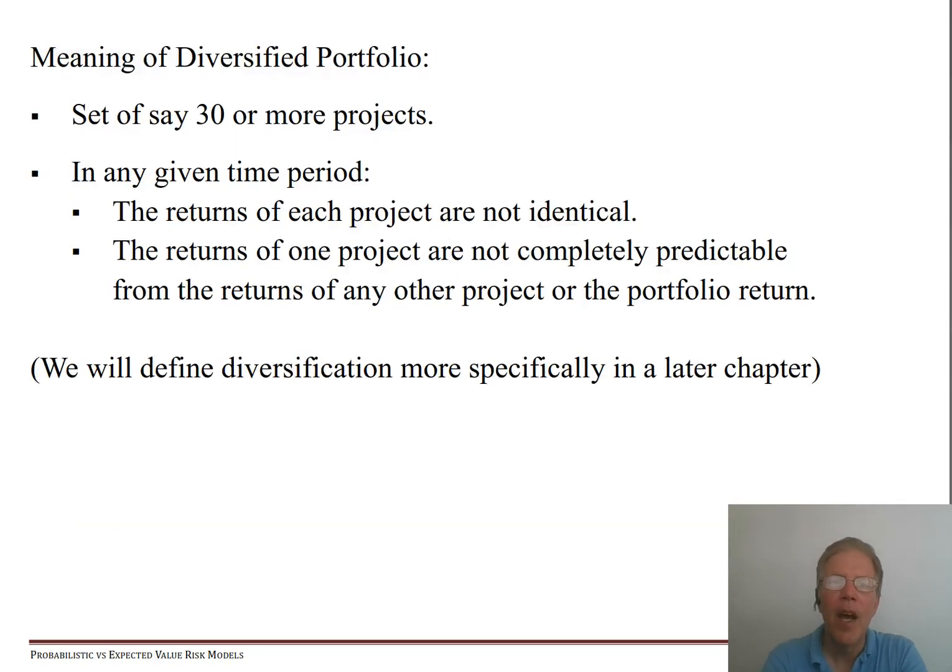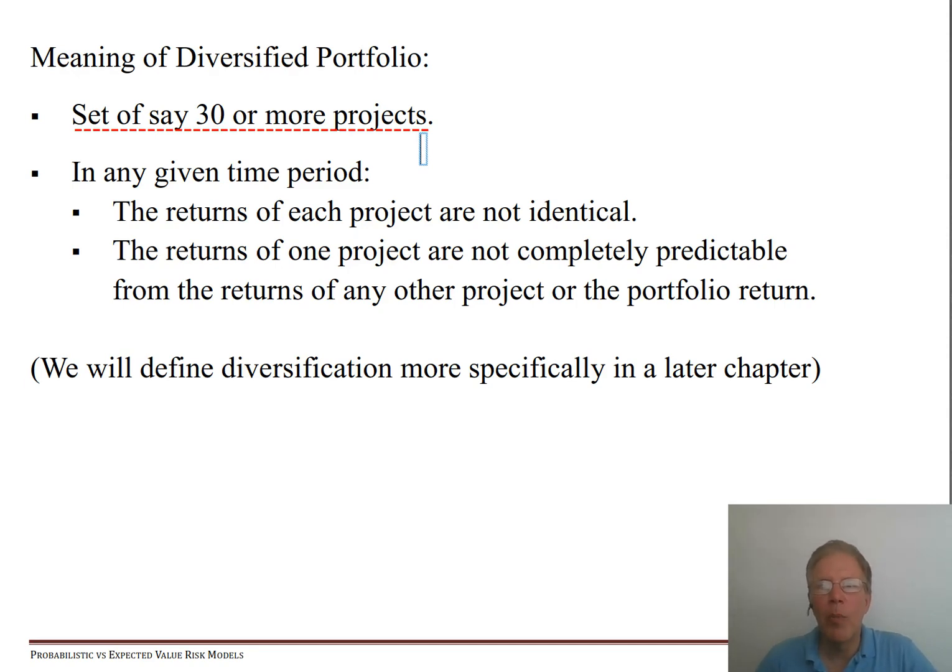All right. So what do we mean by a diversified portfolio? We want to say a set of at least 30 or more projects, okay? And such that in any given time period, the returns of each project won't be identical. That's important for diversification.